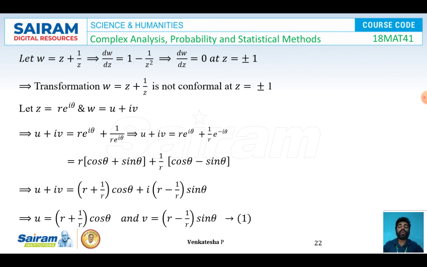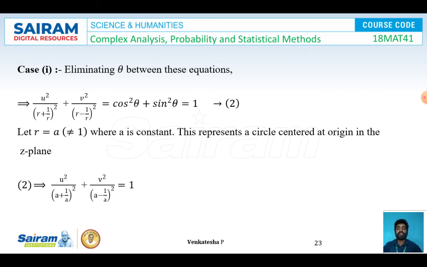Case 1: now I'm going to eliminate theta from the equation. For that I'm squaring and adding the equations. I got u square by r plus 1 by r whole square plus v square by r minus 1 by r whole square is equal to cos square theta plus sin square theta, which is equal to 1. I'll call this equation number 2. Now I'm going to replace r is equal to a, where a is not equal to 1 and a is a constant, and this r is equal to a is a circle in the z plane with center at origin.